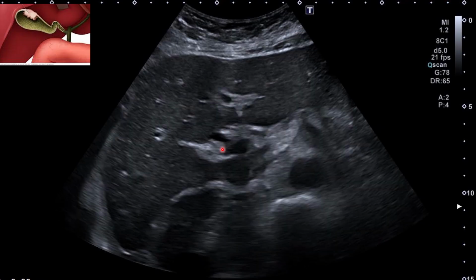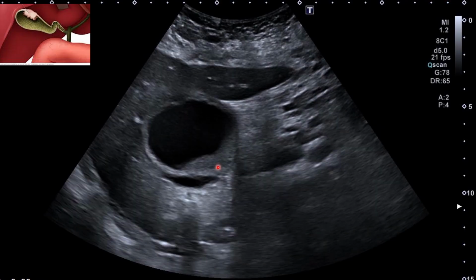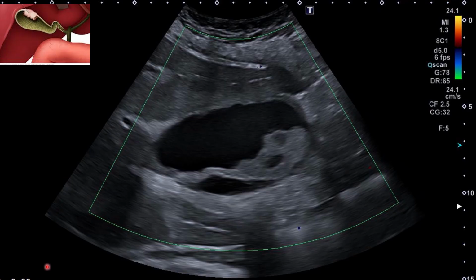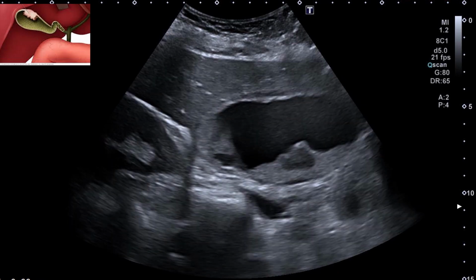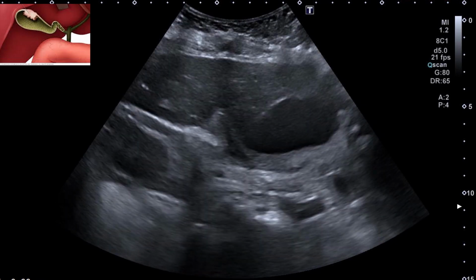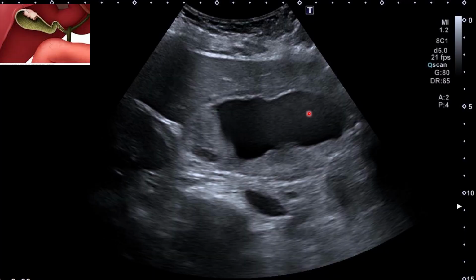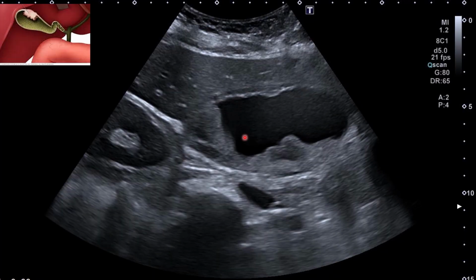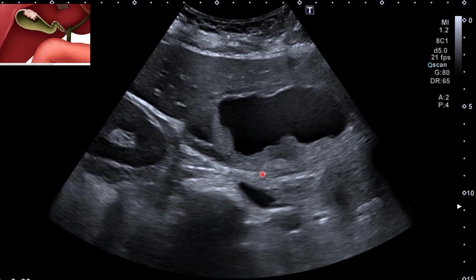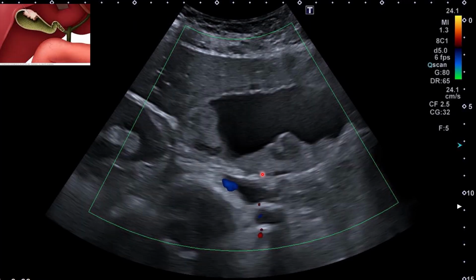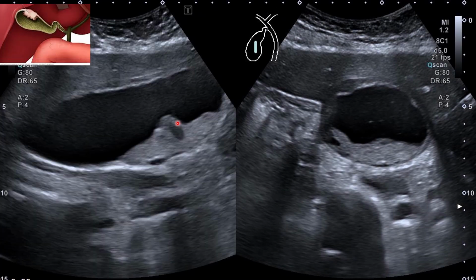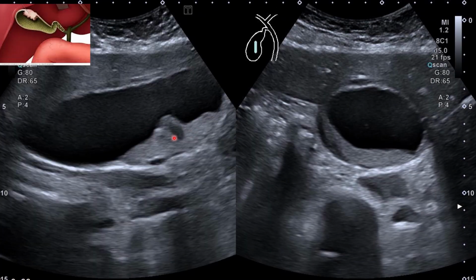This is one of the examples of a situation where you cannot rush on ultrasound to say that what I'm seeing is a cancer, because it's either a cancer or just tumor mimicking sludge, tumefactive sludge. But you cannot rule out cancer, because you can see here there's a mass that is developing there.